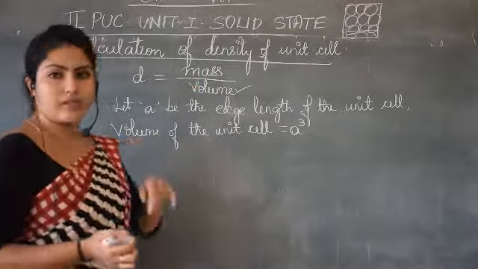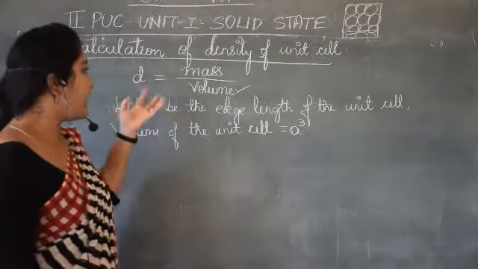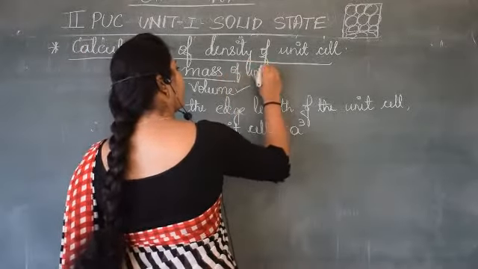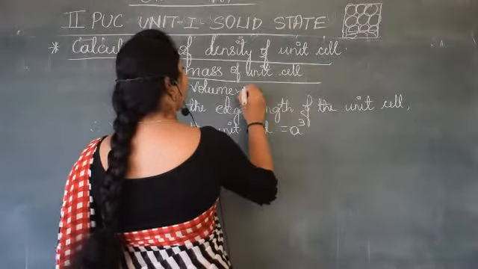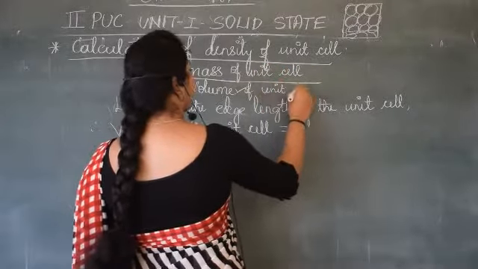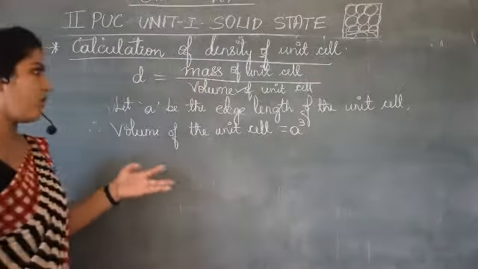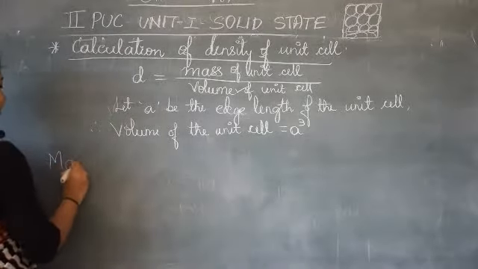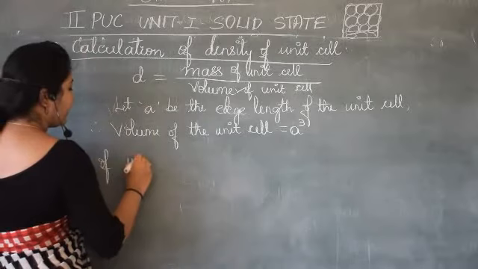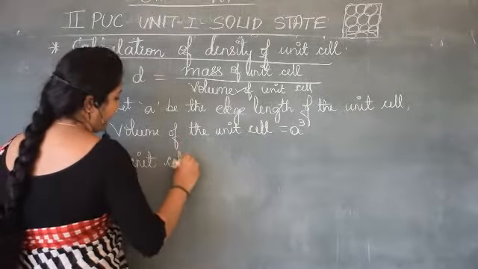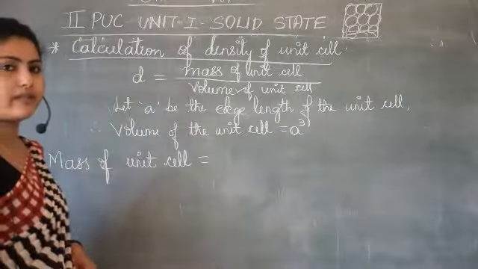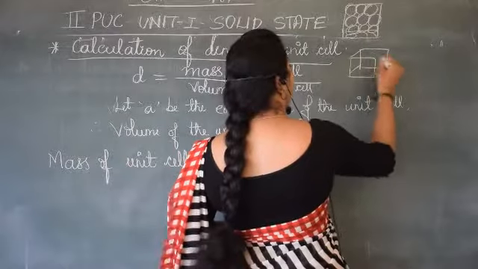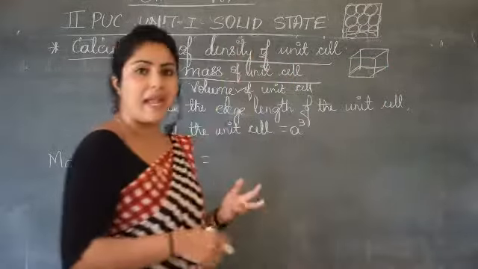We got this part. Now what else should we get? We need mass of the unit cell. Since we are calculating density of the unit cell, we want mass of unit cell divided by volume of unit cell. We have got volume of unit cell as A cube. Now to calculate the mass of unit cell, we have to see how many atoms are present in the unit cell.